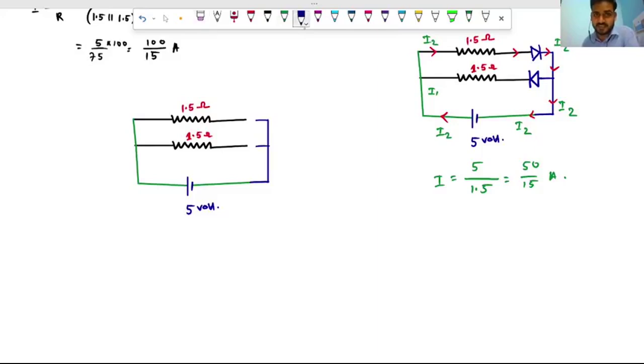So we will add the diode in the opposite direction, not like that. It will be like this only. Okay, this one fine. I'll copy this diode again.